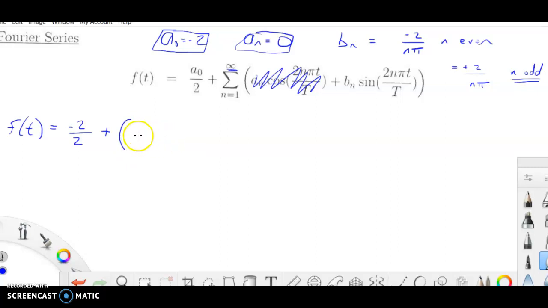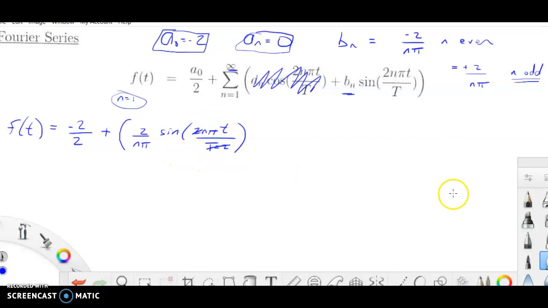Well, for term 1, n will be equal to 1. So n is going to be odd. So term 1 is going to be Bn, which is 2 over n pi, times the sine of 2n pi t over big T. Now big T is equal to 2 for us, so that cancels with this.